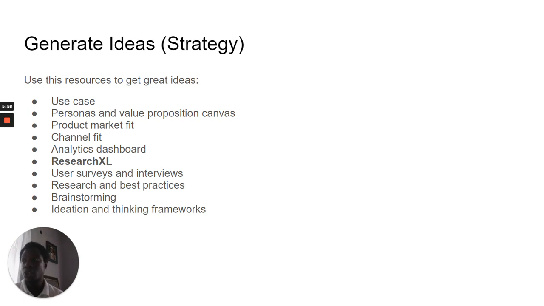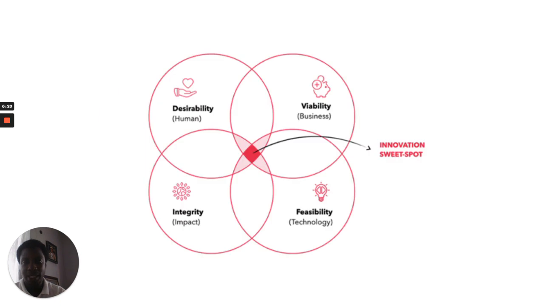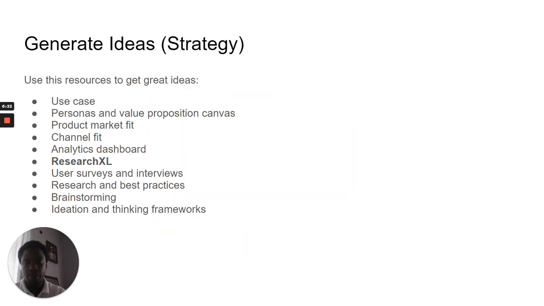If something is wrong in your process, something is wrong within your funnel, no matter how much you try to get ideas, the problem is still there, and you're just looking for ideas instead of verifying and being very sure that there are no other issues before you protect the process. And that's why we use the Research Excel. The Research Excel framework helps us know what to research before we even start experimenting.